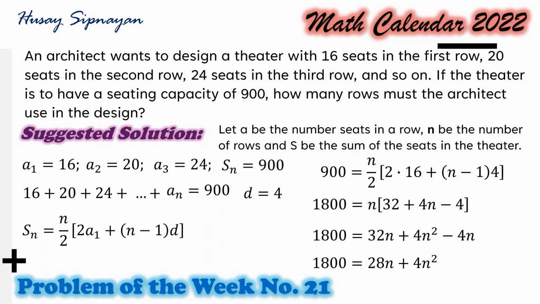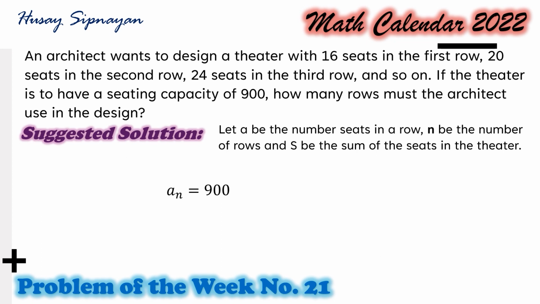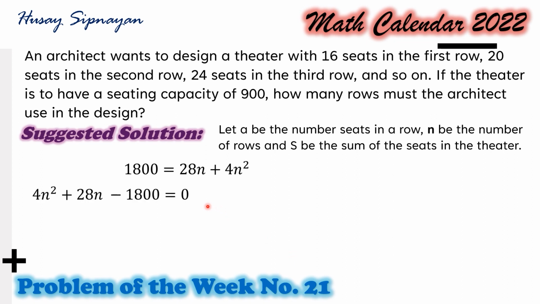The resulting equation is a quadratic equation. Next, we can write it in standard form. So we have 4n squared plus 28n minus 1,800 is equal to 0. We can simplify this resulting equation by dividing all terms by 4.